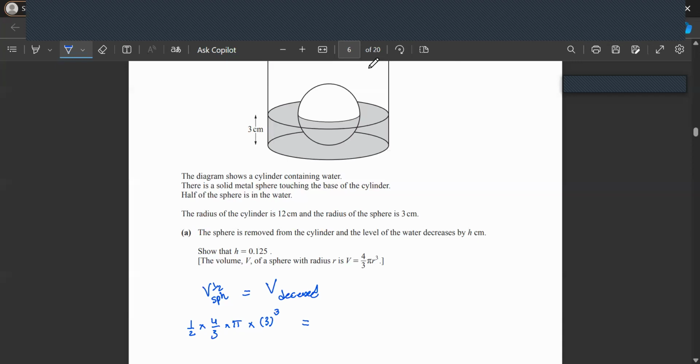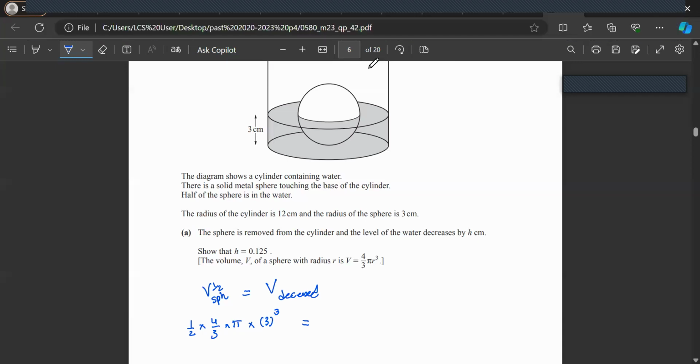The volume that is decreased is the same as a cylinder. So it will be pi radius squared of the cylinder, which is 12, pi r squared h. This is the part of decrease.